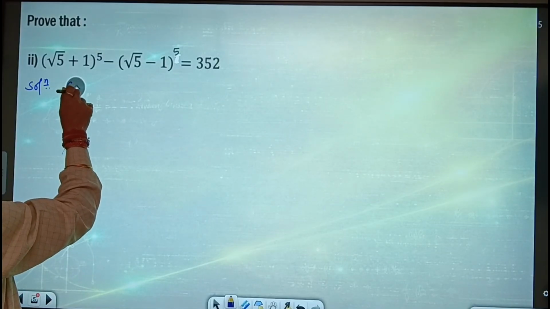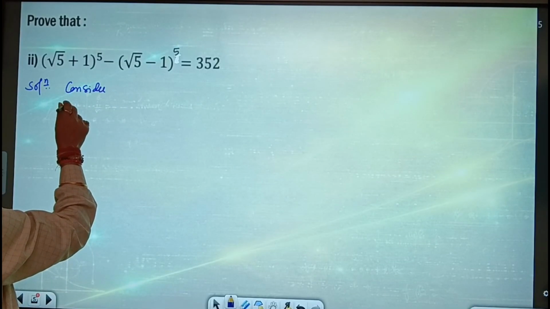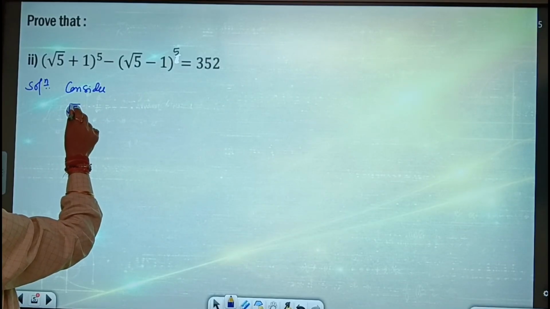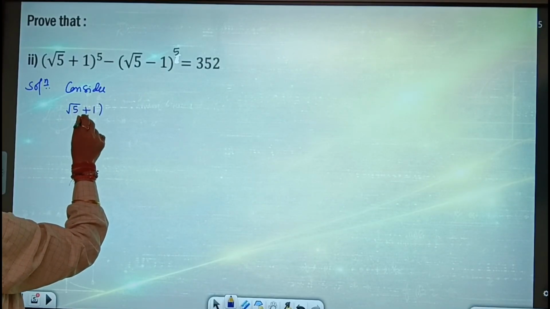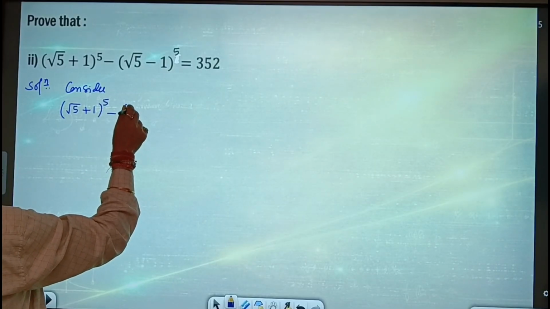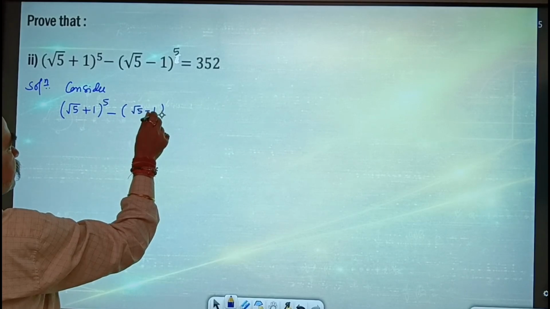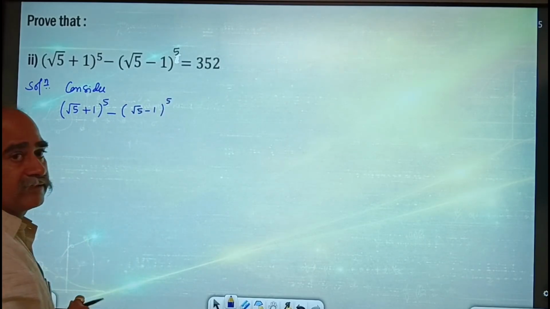Consider root 5 plus 1 raised to 5 minus root 5 minus 1 raised to 5.